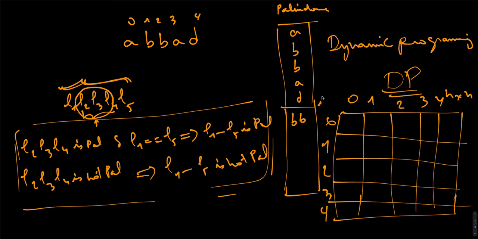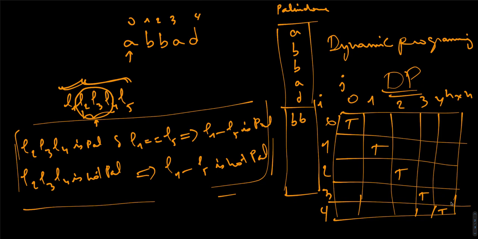And this is I and this is J. So I will correspond to the beginning of my substring and J the end of my substring that I need to know if it is palindromic or not. So when I is equal to 0 and J is equal to 0, that means that we are here. So we only have one letter, so we can say that it is palindromic. And we can say the same thing for all the diagonal here, because this substring would be composed of just one letter. So we are confident that they are palindromic.